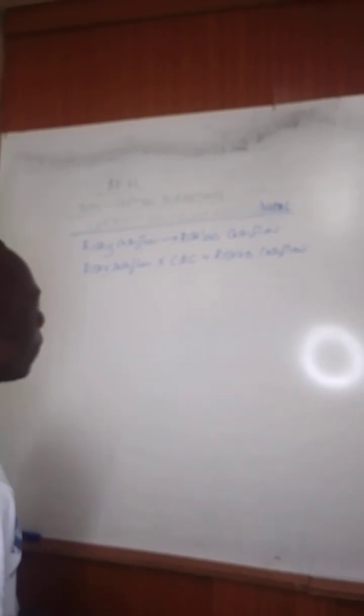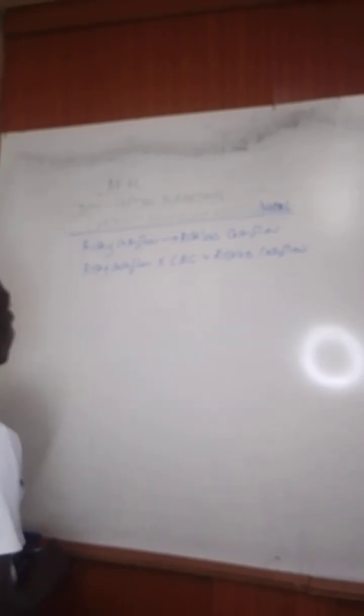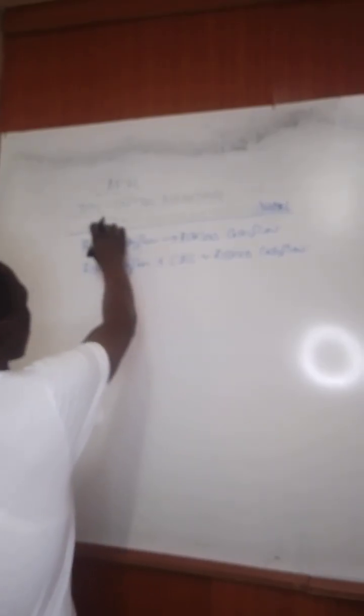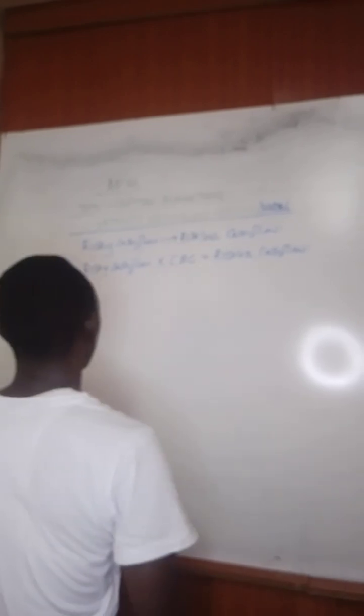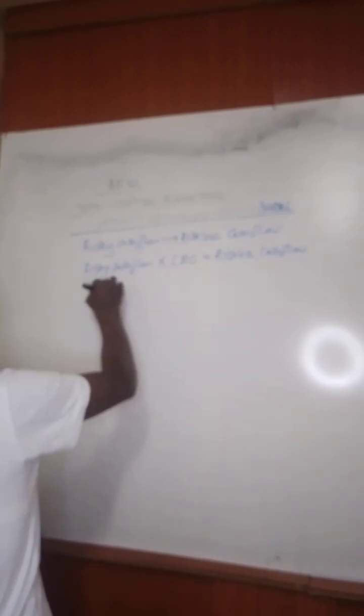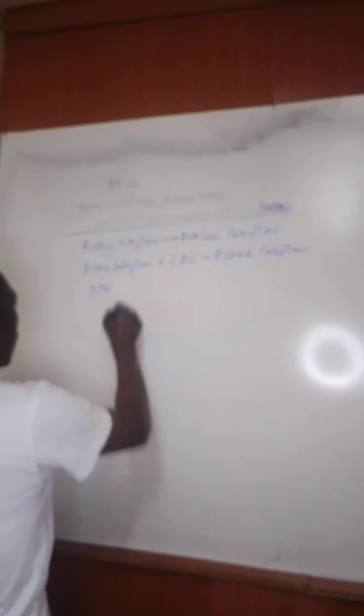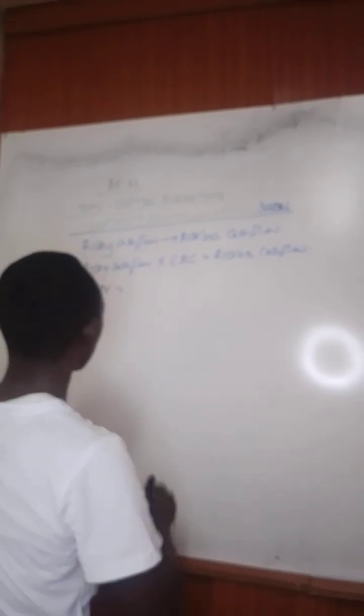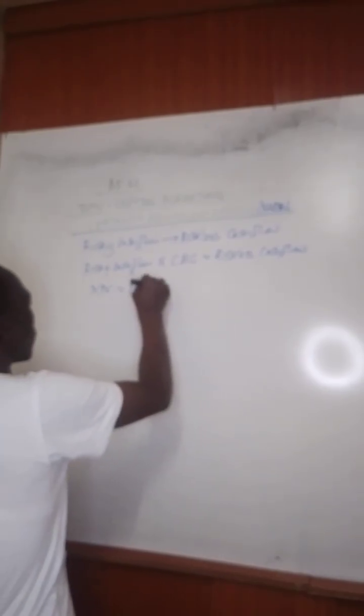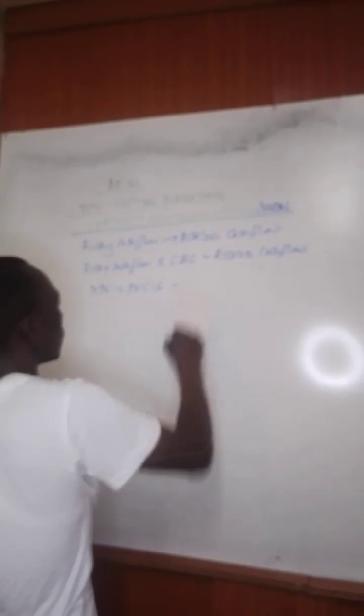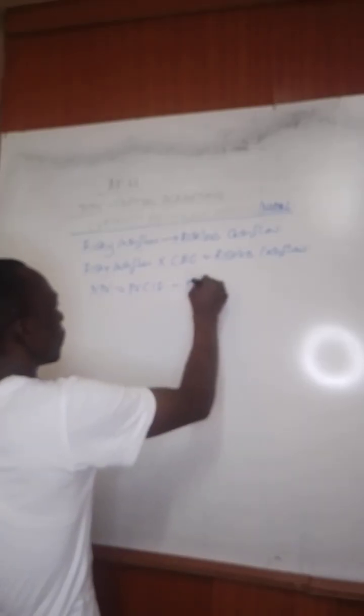Then from there, when you want to make a decision on a given project or in a given company using the certainty equivalent, we normally compute the net present value. And how do you arrive at the net present value? It is given by the present value of cash inflow, then you subtract the present value of cash outflow.